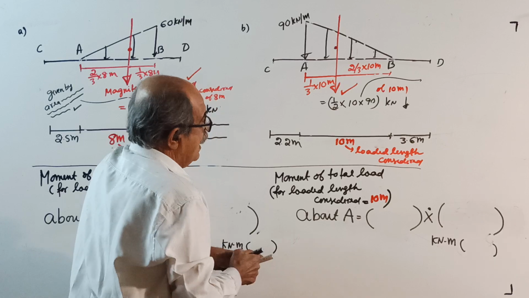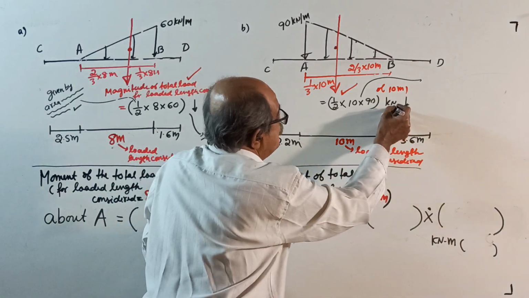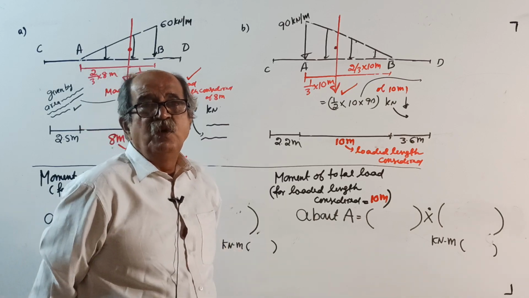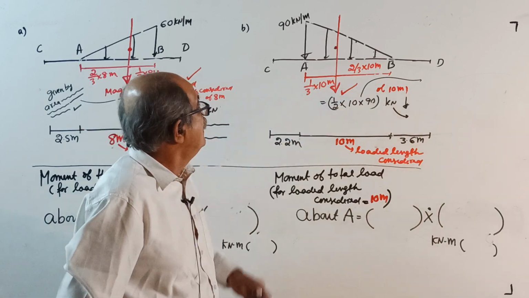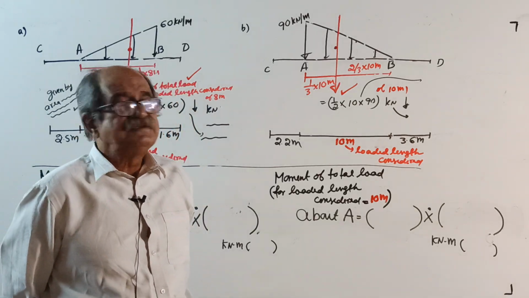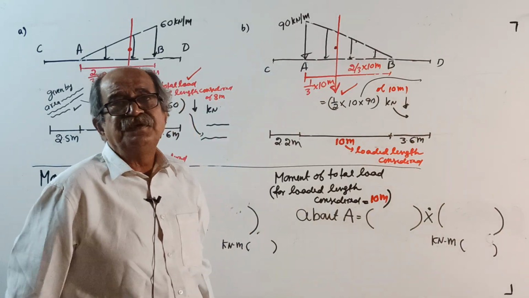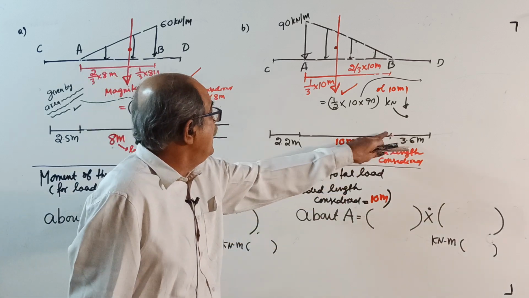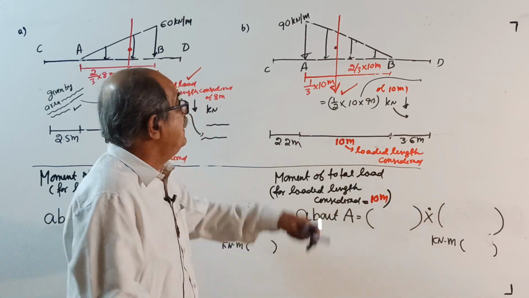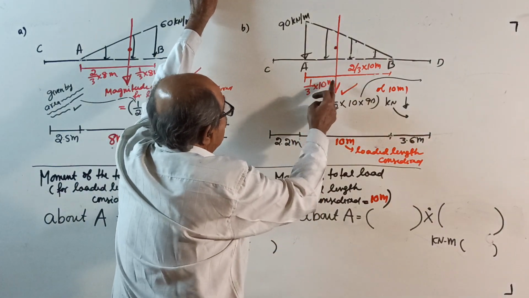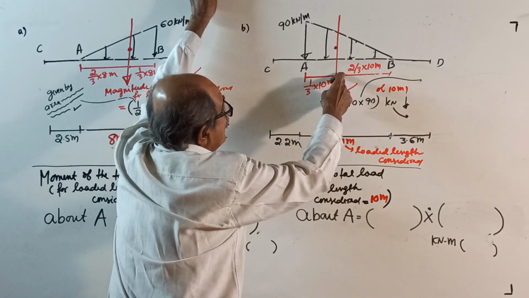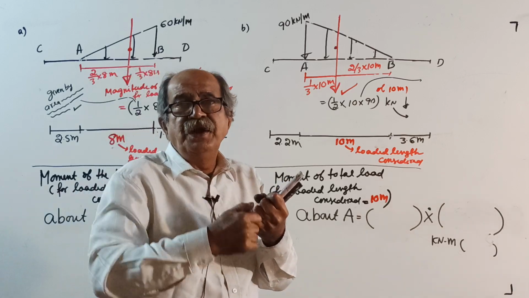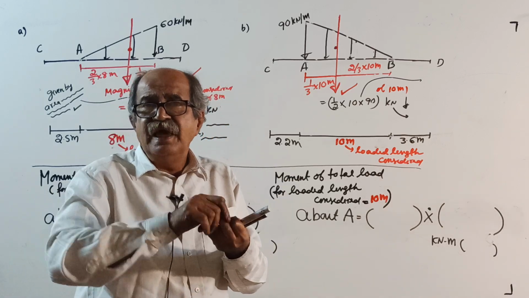Once again, right here, after getting magnitude, after you finish everything, right here: line of action of this total load for the loaded length considered of 10 meter will pass through the centroid of the diagram representing the load, that is the centroid of the right angle triangle for the entire loaded length of 10 meter, that is at 1 by 3 of 10 meter from A or 2 by 3 of 10 meter from B. This much you write first. Okay. Now, magnitude, direction, line of action over.